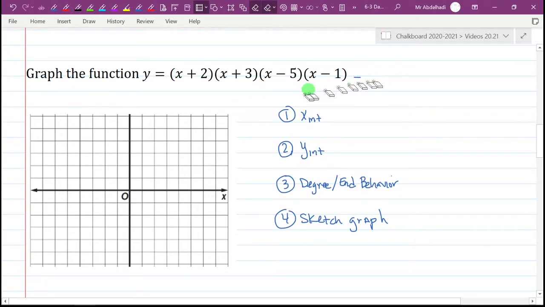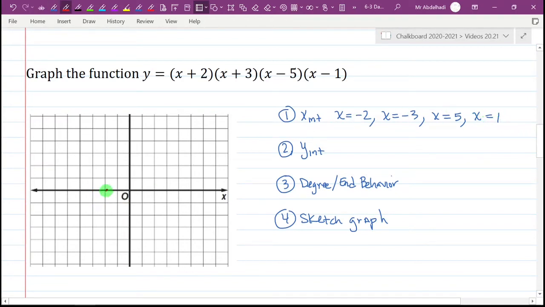So that means x plus 2 equals 0, x plus 3 equals 0, x minus 5 equals 0, x minus 1 equals 0, and you solve those little mini equations, and you get x equals -2 from here, x equals -3 from here, x equals +5 from here, and x minus 1 equals 0. When you add 1 to both sides, you get x equals 1. So we have 4 x-intercepts, and they're going to be over here.